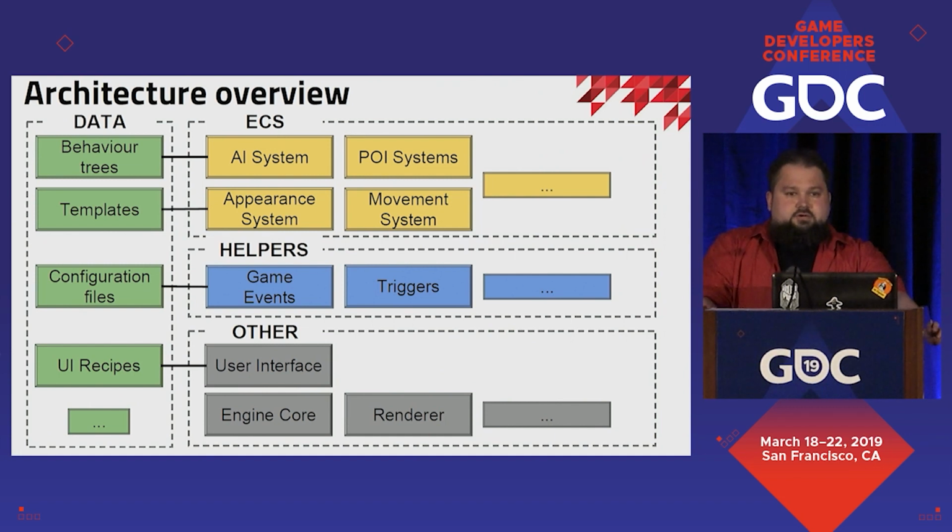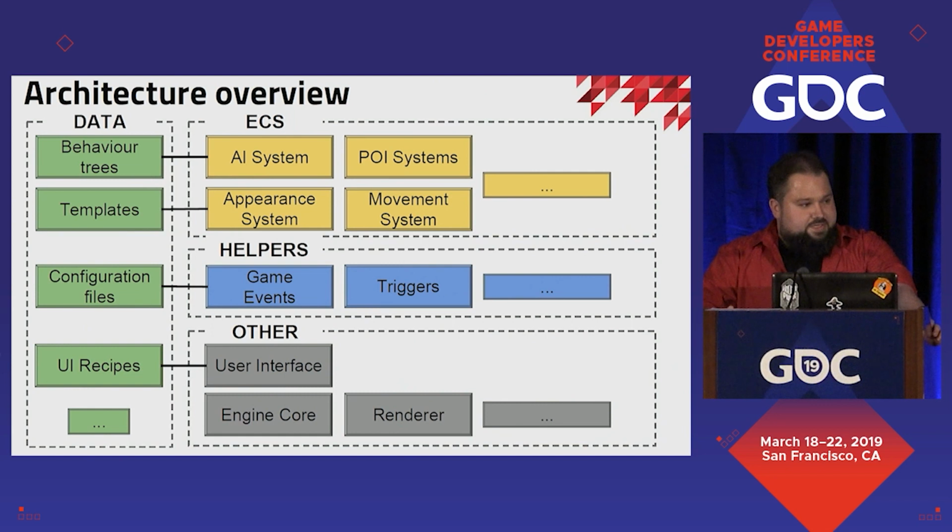An overview of our architecture looks like this. The green part is what is defined by the design and art teams. So we've got behavior trees for the AI system that is used by AI components and AI systems, but that's a topic for another talk.